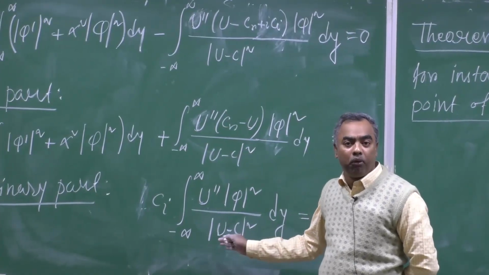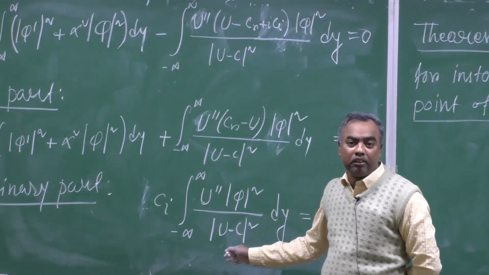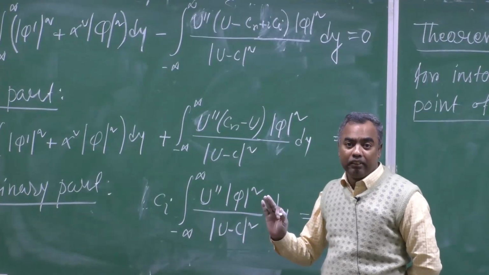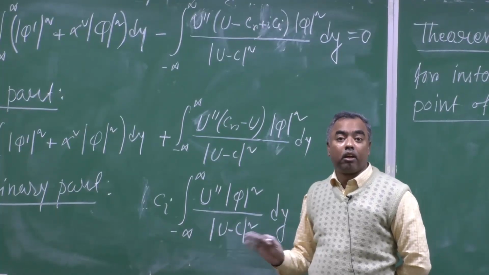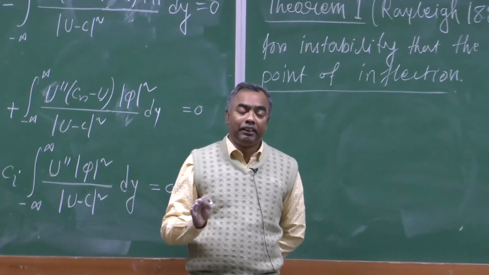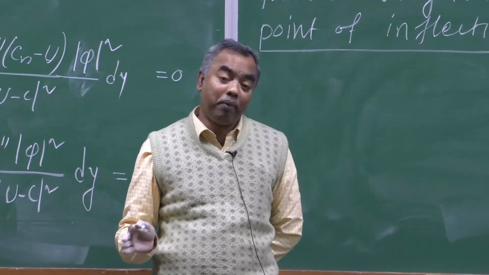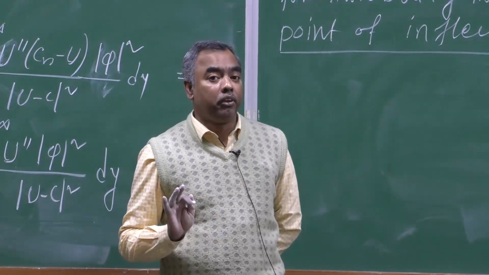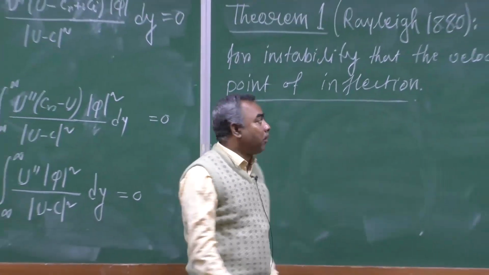So even for a stable flow, the profile can have a point of inflection. Therefore, if the flow is unstable, it is necessary that it has a point of inflection, but the converse is not true. This is one of the theorems coming out of this.